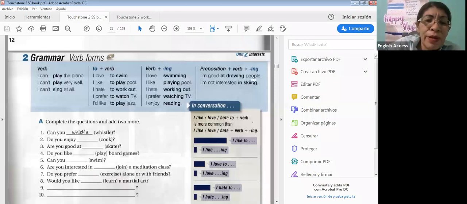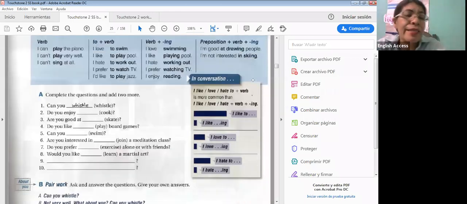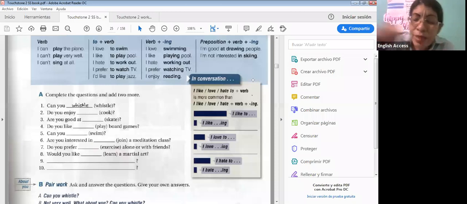Now, what we're going to do is exercise A. In exercise A, you're going to complete the questions with the verbs in parentheses. And for numbers 9 and 10, you are going to think of 2 extra questions, okay? So let's do the activity, guys, please.